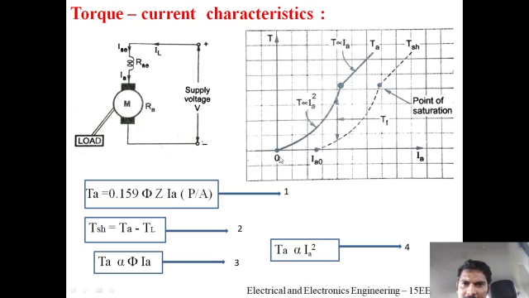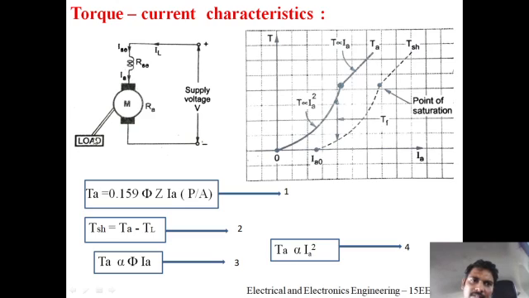So here, from 0, as the load on the motor increases, what will happen? As the load increases, the current which is drawn from the supply increases, the current IL increases, therefore Isc increases. As Isc increases, Ia increases.